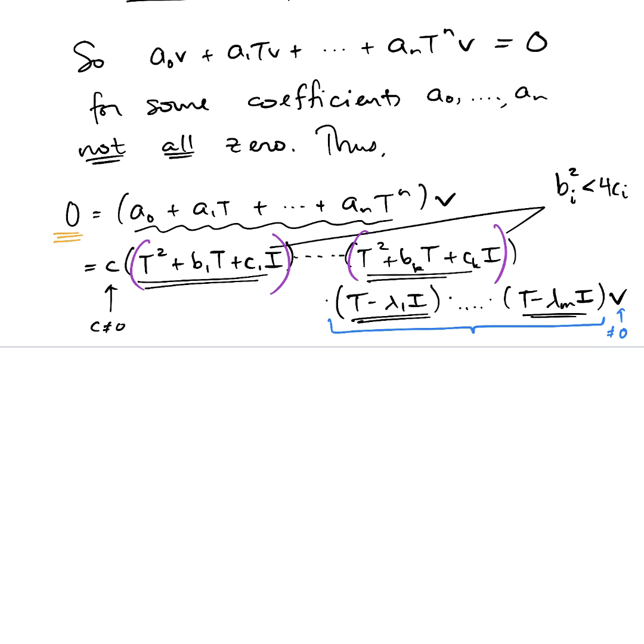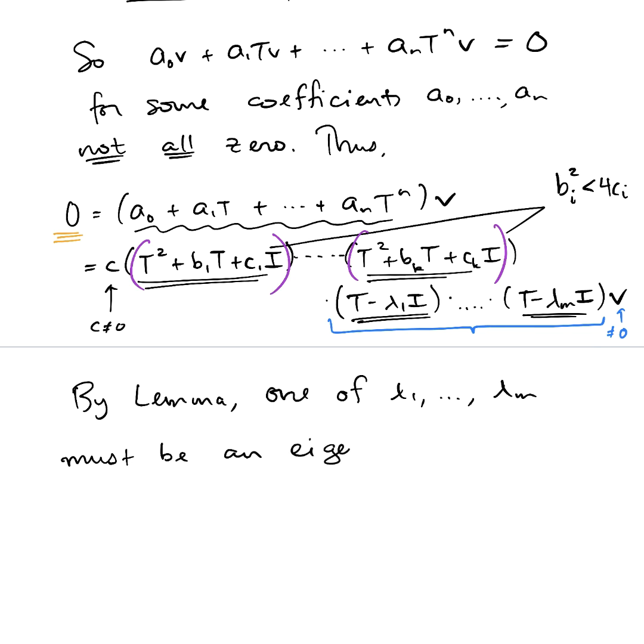So I'm just going to cut to the chase and say, by the lemma, one of lambda 1 through lambda m must be an eigenvalue. And that's it.